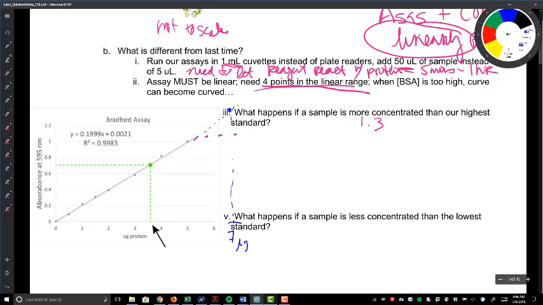Fine. No, that's not the case. Because if you look here, one possibility that can happen is your curve can flatten out. And then it turns out that your protein isn't actually 7 micrograms, it's somewhere over here. And so that's why we need to make sure that our sample is linear. And you'll see this when you're graphing your standards.